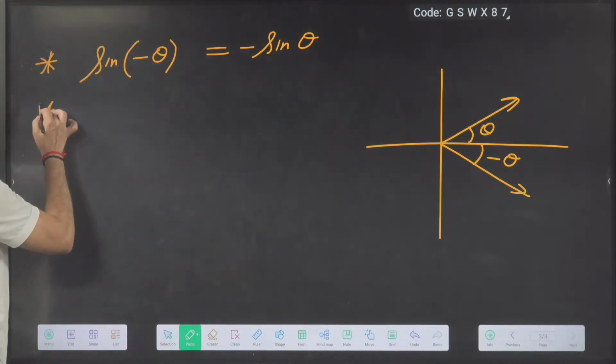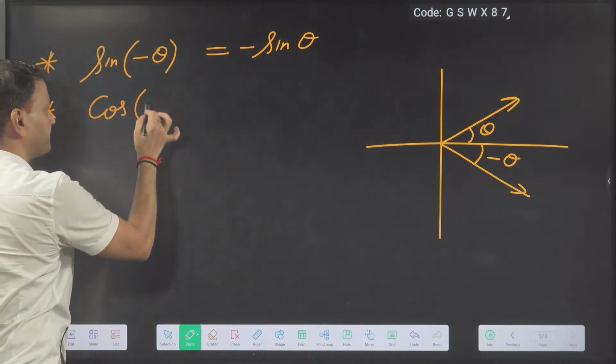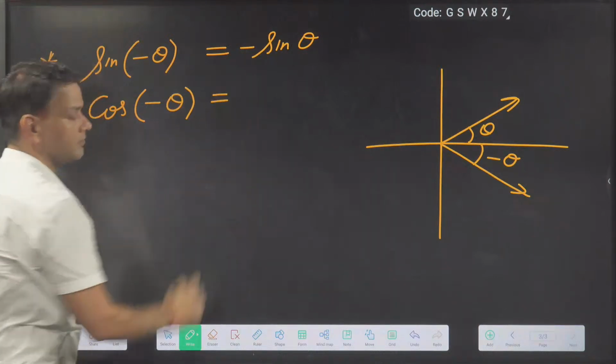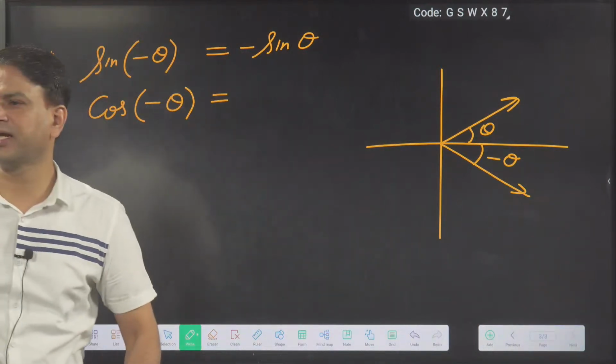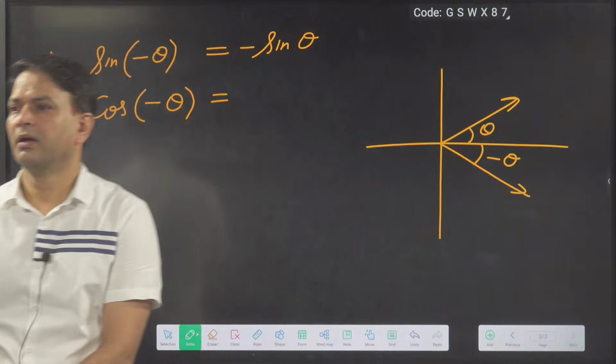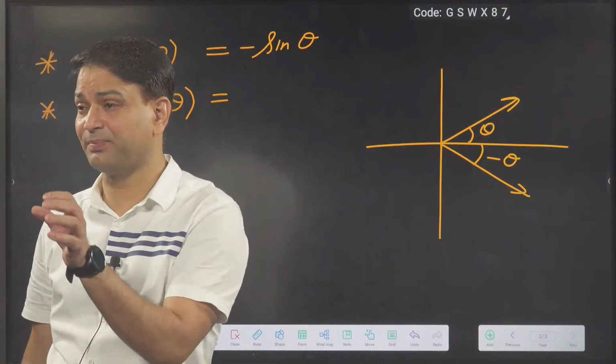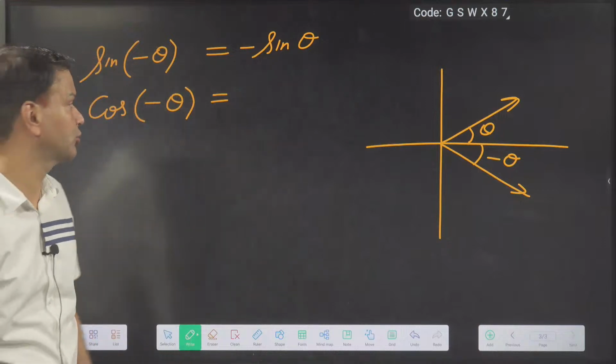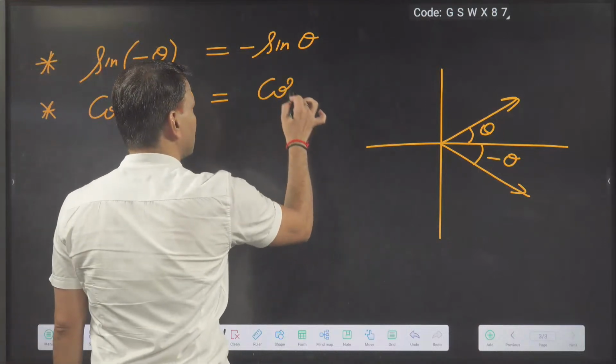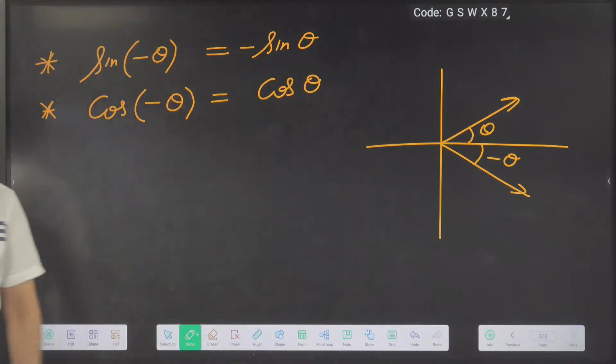Second, you have to remember cos of minus theta. What is cos of minus theta? Again, minus theta means fourth quadrant, where cos is positive. Then we will write cos of minus theta is equal to cos theta.